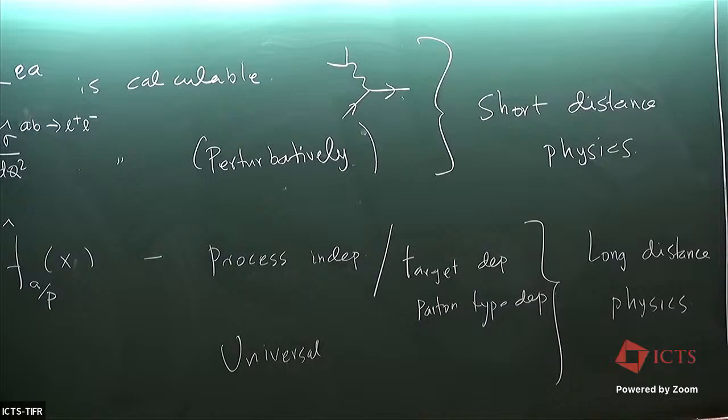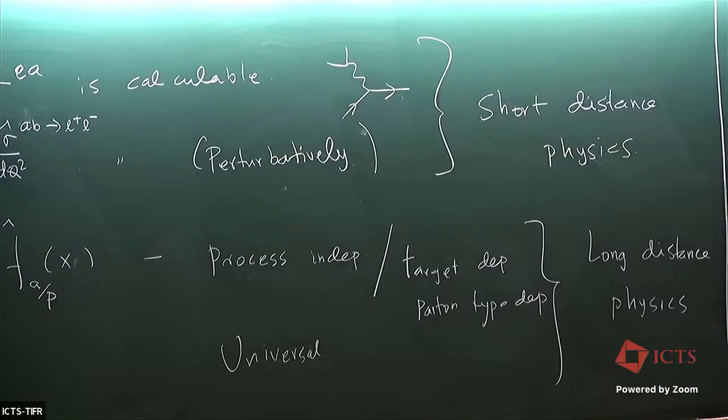The idea can be summarized in one word: factorization. Whatever concerns the interaction with an external probe is at high energy, and it happens on a very short time scale because the probe itself is very energetic. So you just kick the partons in your target with this probe, and this is one thing.